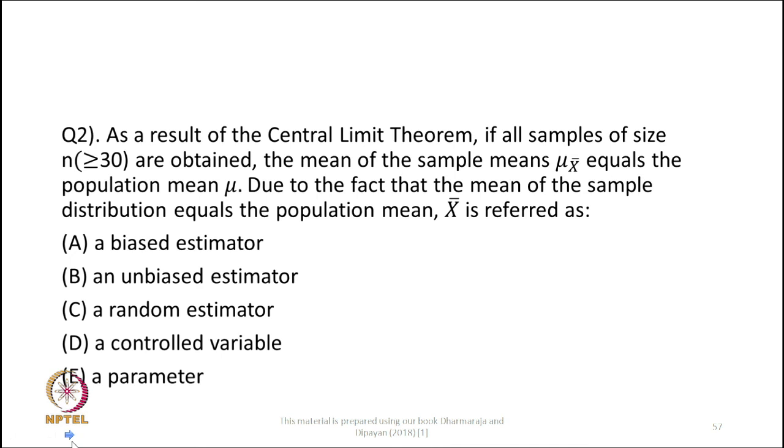there are 5 options, only one option is the correct answer. Whether it is a biased estimator, an unbiased estimator, a random estimator, a controlled variable, or just a parameter.